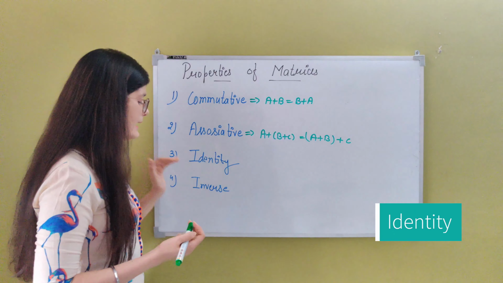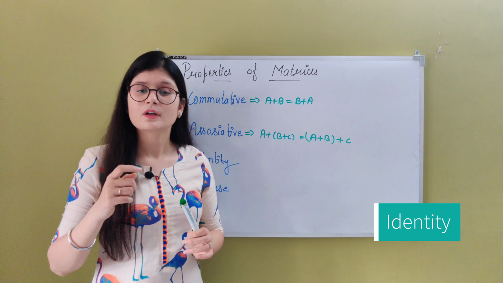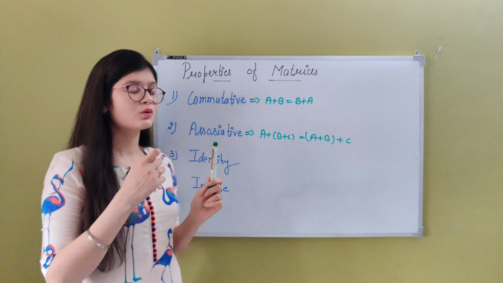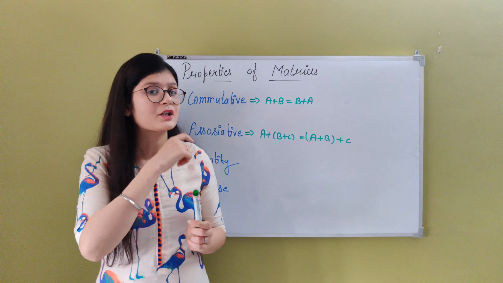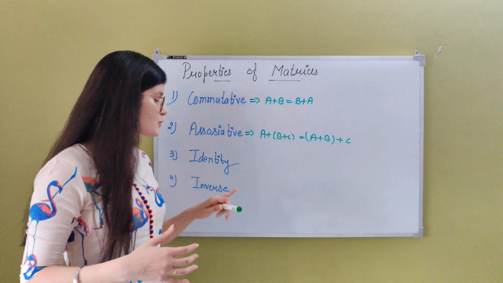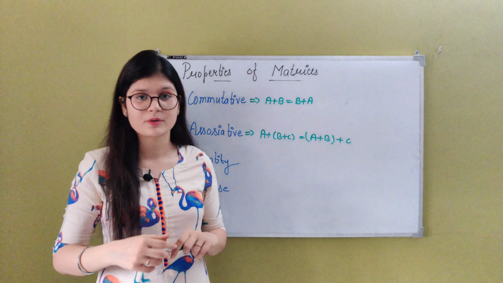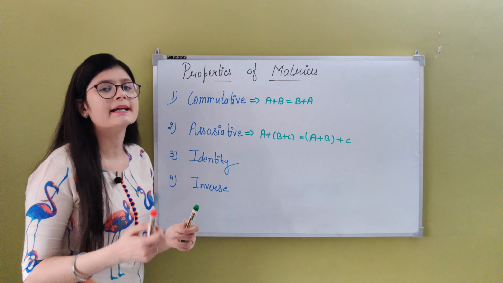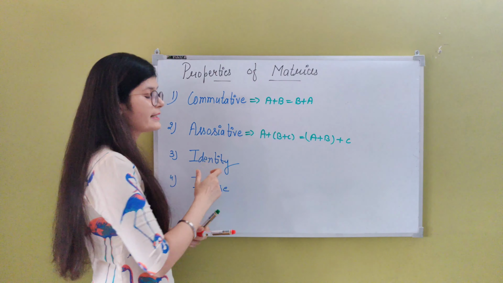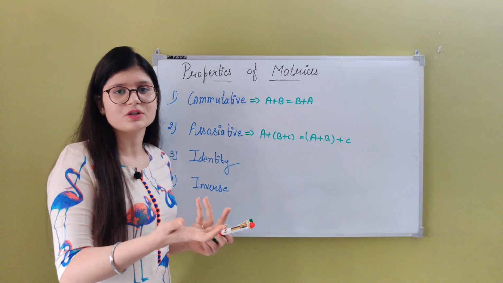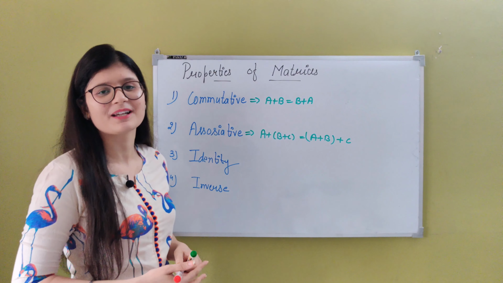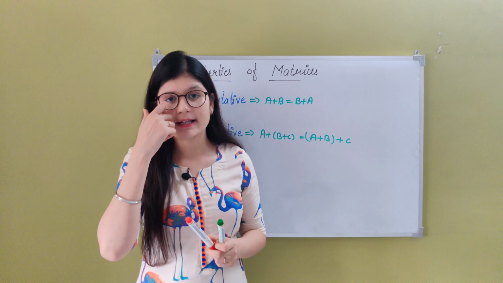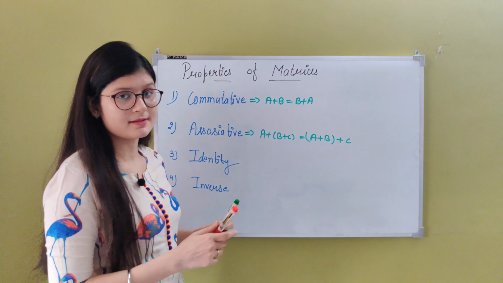Now we are coming to the identity. Identity is a very important property. It is also useful for graduation students, you can understand this property and it's useful in algebra. So what is the additive identity in matrices?